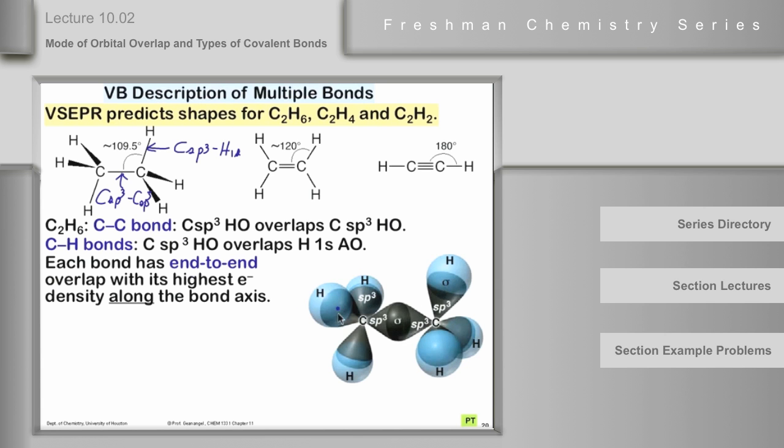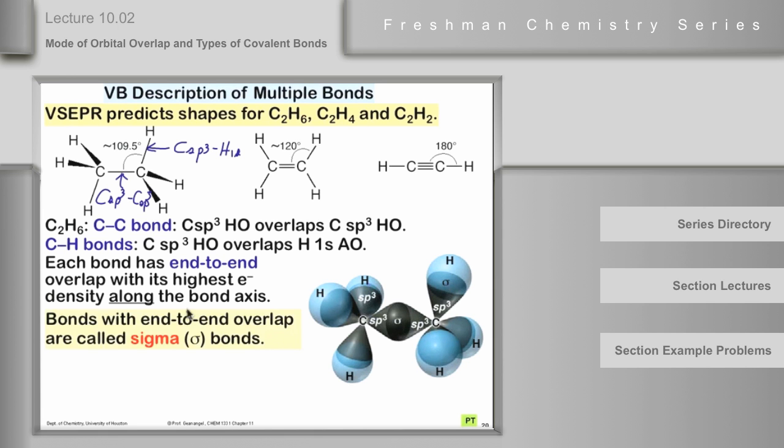So if we looked at a picture of C2H6, it would look like this. We would have the carbon-carbon bond overlapping 2 sp3 orbitals between the 2 carbons, and we would have the 6 carbon-hydrogen bonds being carbon sp3, hydrogen 1s.